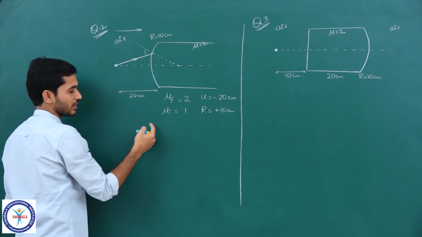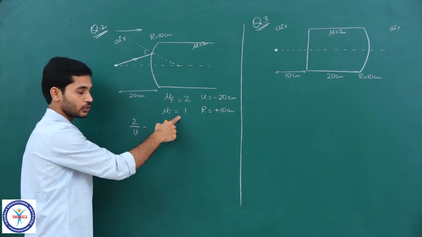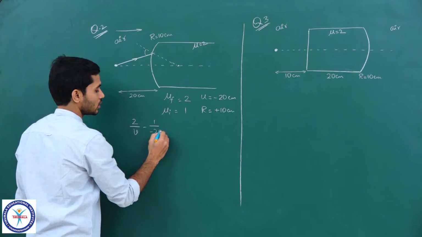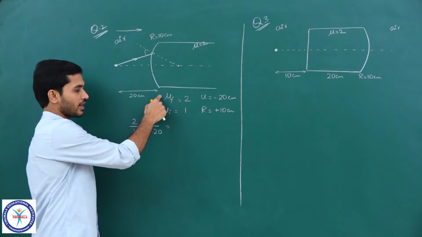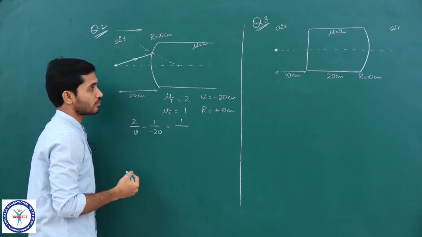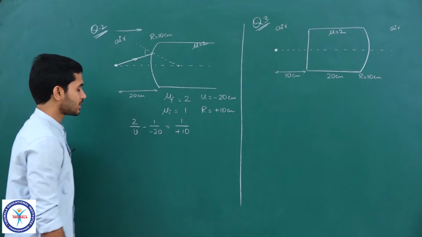So, mu final by v, which is 2 by v, minus mu initial by u, which is 1 by u. What is u? Minus 20, is equal to mu final minus mu initial, which is 2 minus 1, which is 1, divided by r. R is plus 10. So, that is it.